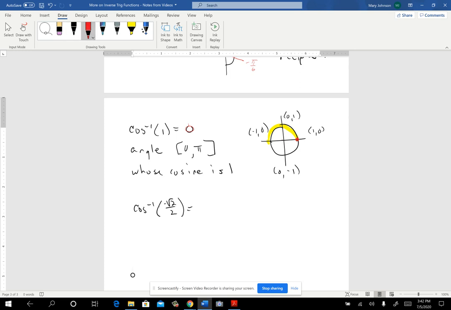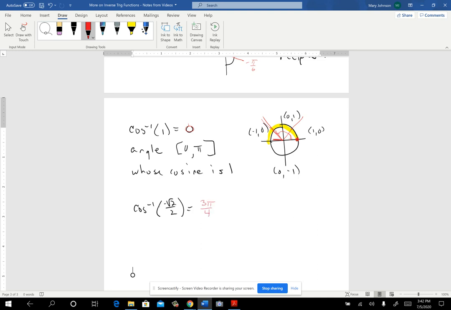This one would have a cosine of square root of 2 over 2. This one is going to have a negative cosine because I had to go to the left, and cosine has to do with the x direction. So instead of saying pi over 4, I need to go to 3 pi over 4. So the answer to that question should be 3 pi over 4.